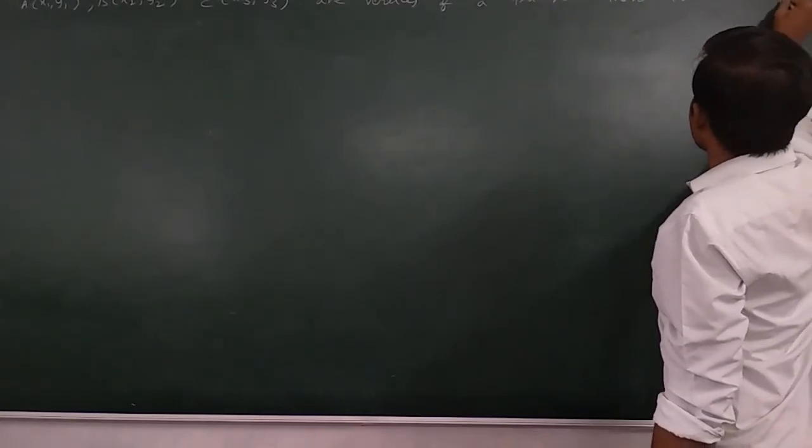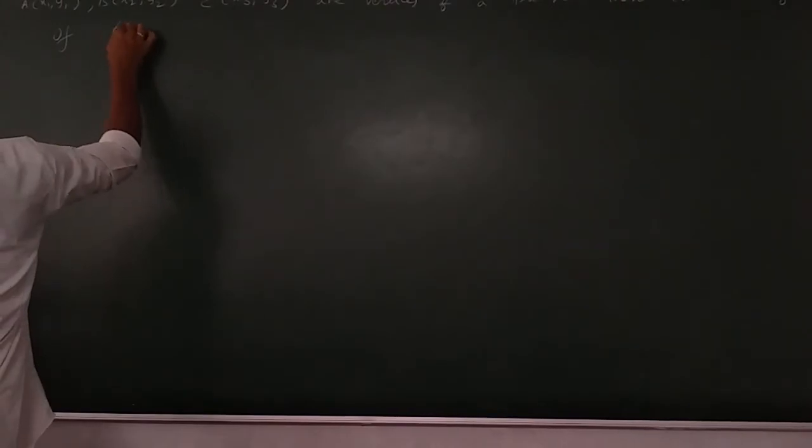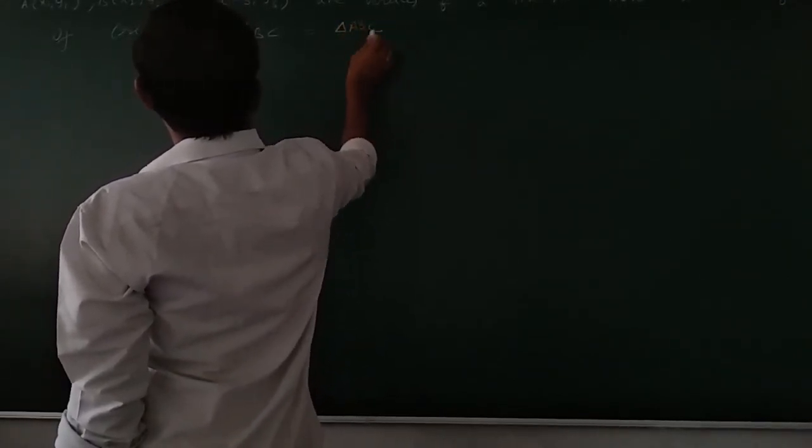Then the area of triangle ABC is represented by the symbol triangle ABC.